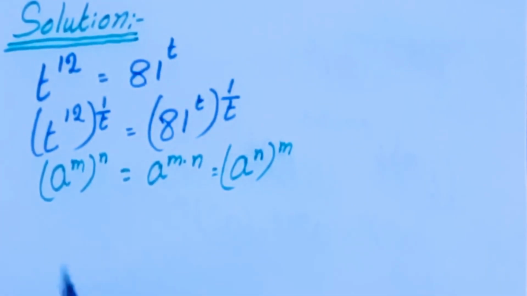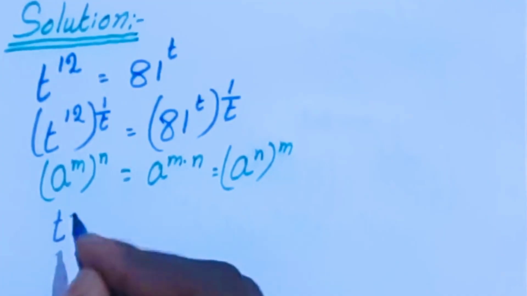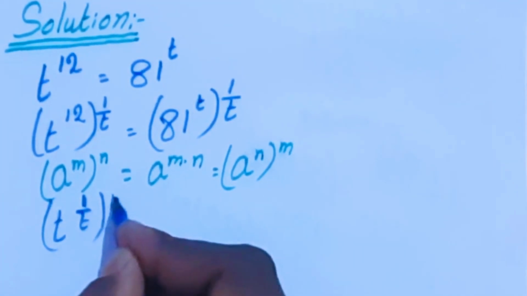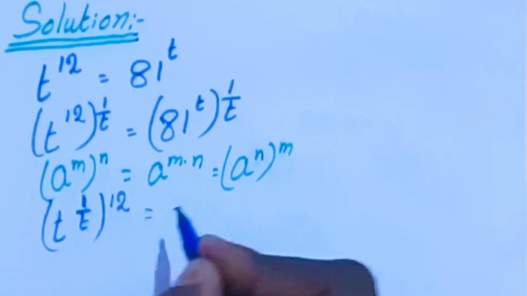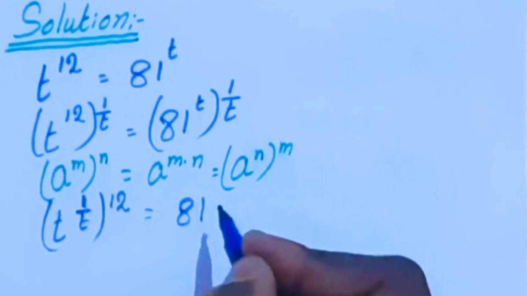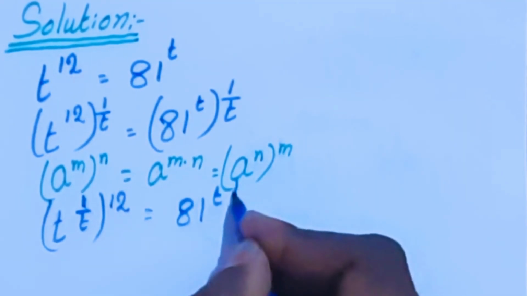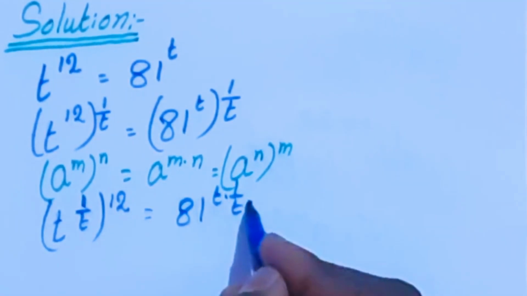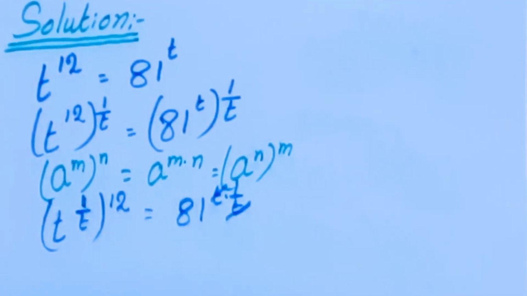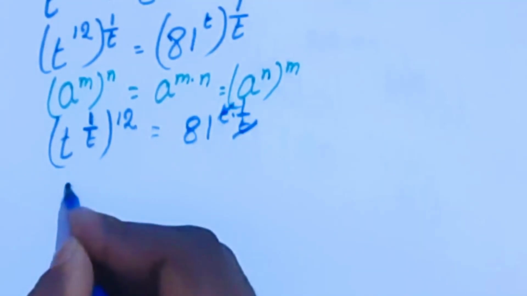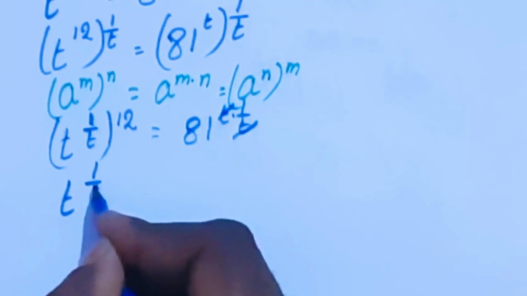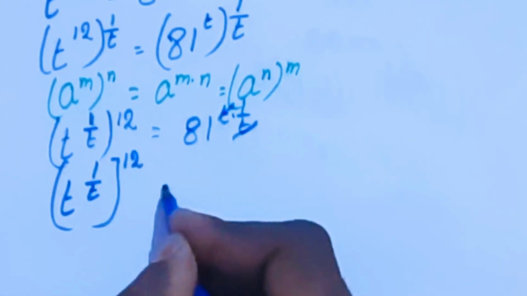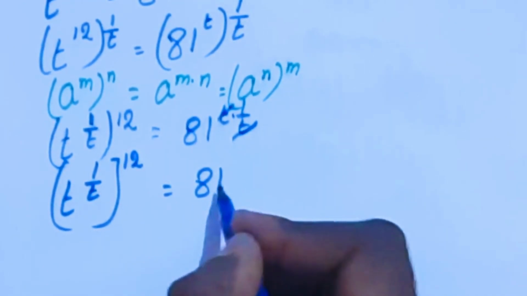So we'll get (t power 1 by t) whole power 12 equal to 81 power t times 1 by t. Now this t cancels this, so we have (t power 1 by t) whole power 12 equal to here 81.